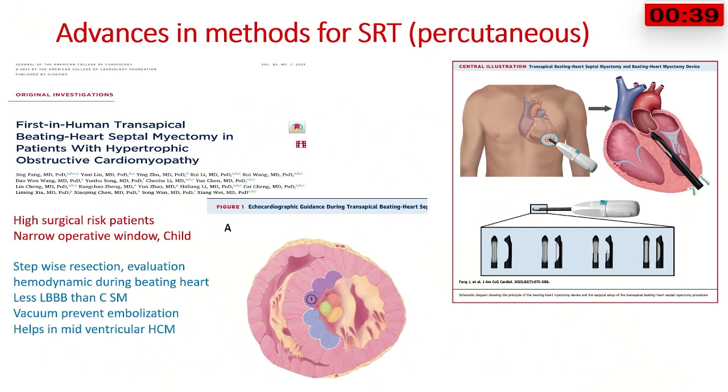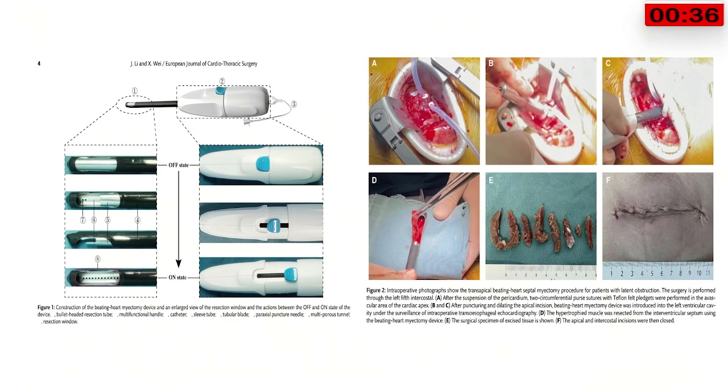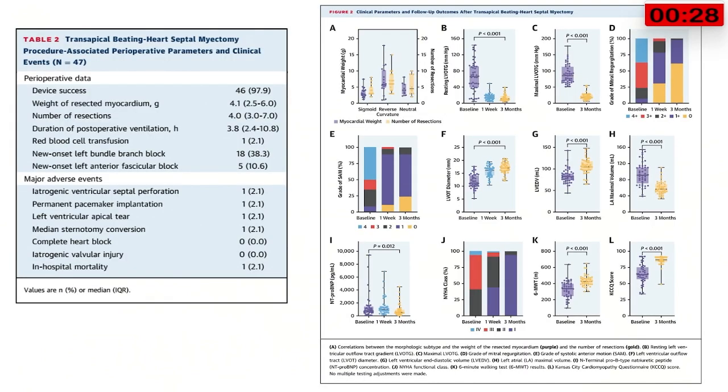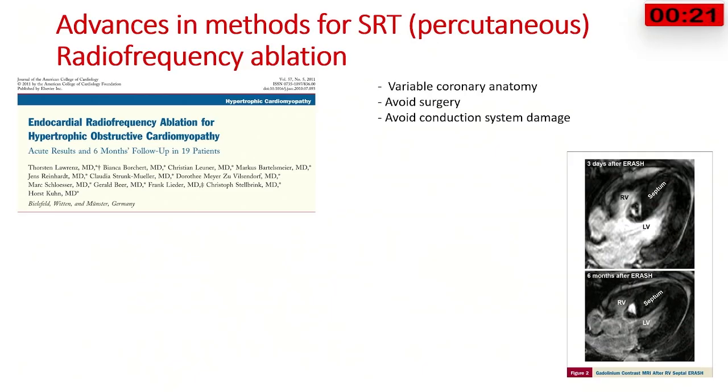This device removes pieces of the myocardium according to the needs of the patient without causing left bundle branch block, with acceptable results regarding complications, echocardiographic parameters and other parameters.